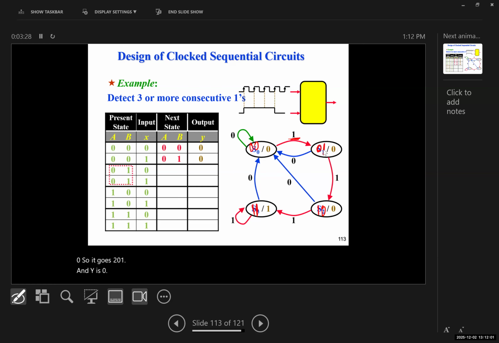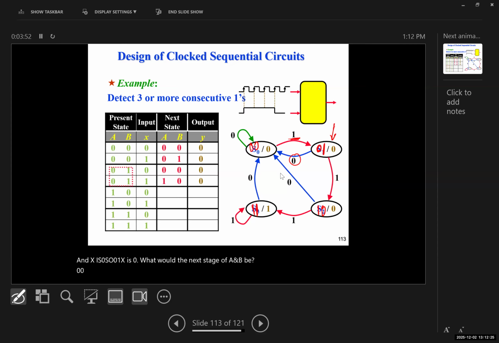Again, this is 0, 1. Now, if we are at 0, 1, and X is 0, what would the next state of A and B be? 0, 0. Thank you.